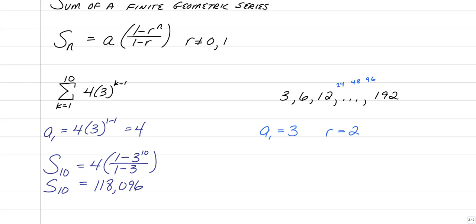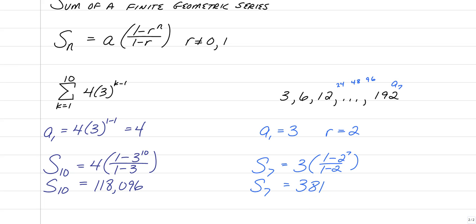So this sequence has 7 terms to it. So we just need to use our S sub 7 formula, which is equal to our first term times 1 minus 2 raised to the 7th power divided by 1 minus our ratio of 2. Type that in our calculator, and the sum of the 7 terms is going to be 381.